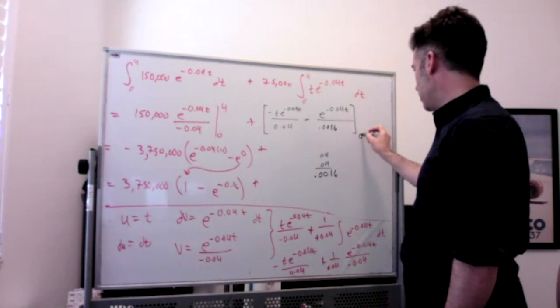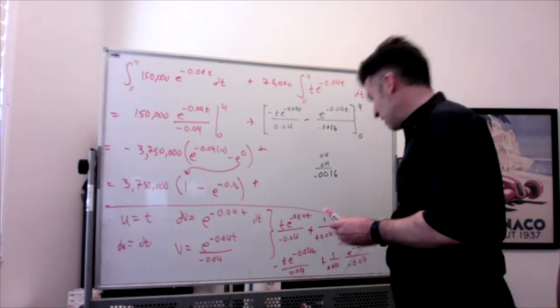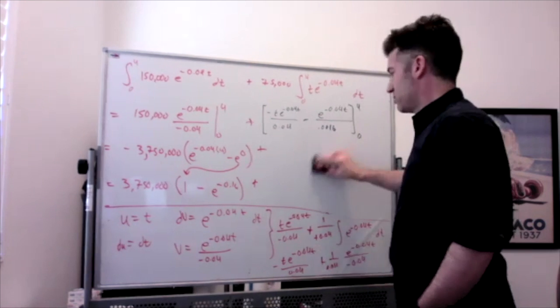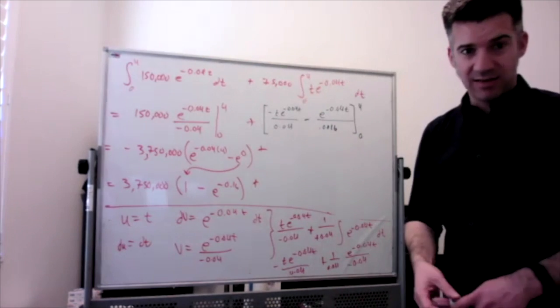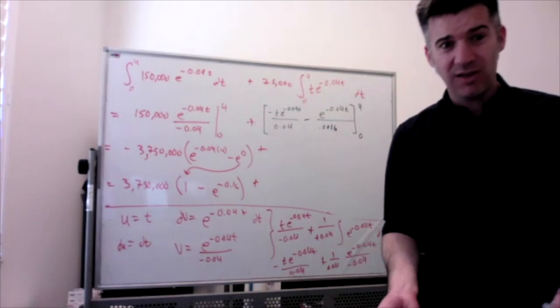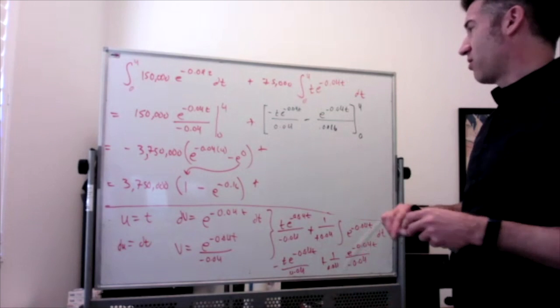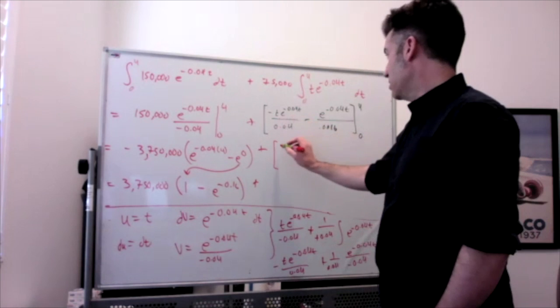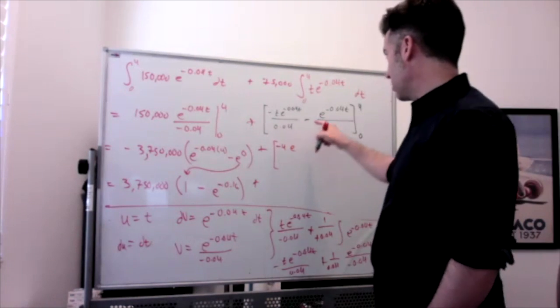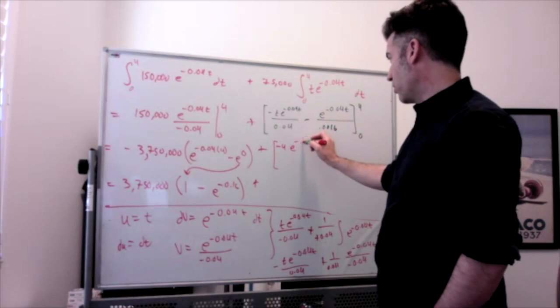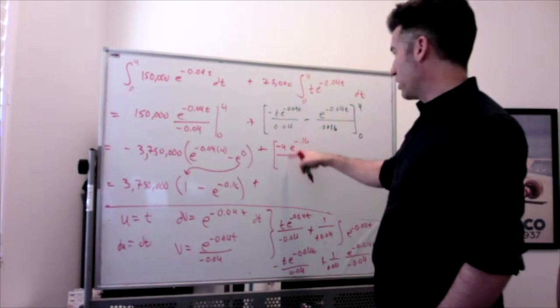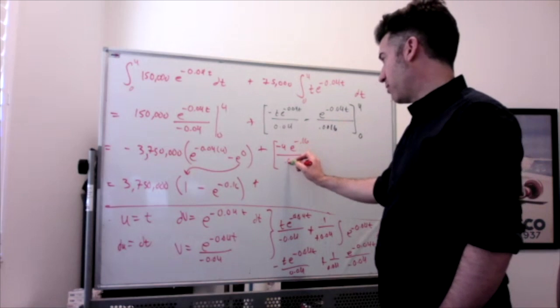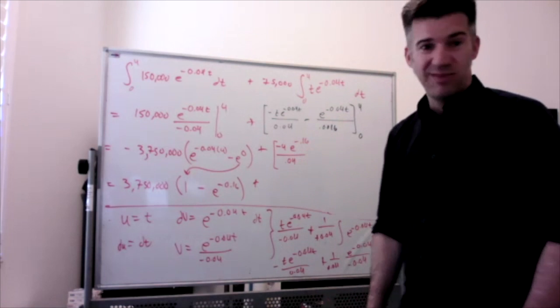All right. Evaluated from 0 to 4. So, right, not very nice, not terrible to calculate, but again, kind of gross. So you're going to get, right, this part's going to be -4 times e to the -0.16 over 0.04. Now, 4 divided by 0.04, that's 100.